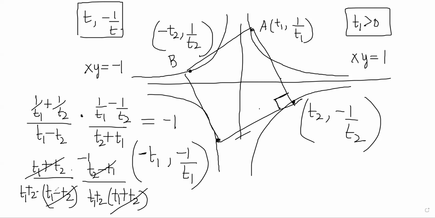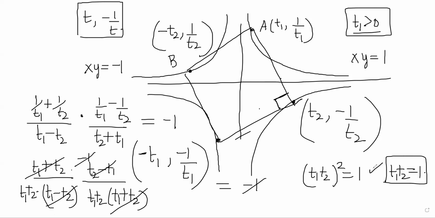And we are getting basically t1 square t2 square is equal to 1. Notice that this is equal to minus 1. Minus 1 gets cancelled and you're getting t1 t2 whole square equals 1. And we had said t1 and t2 are both positive. So t1 t2 product is equal to 1. That is the first thing that we are getting, right?